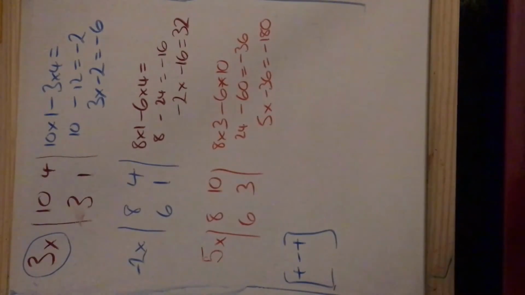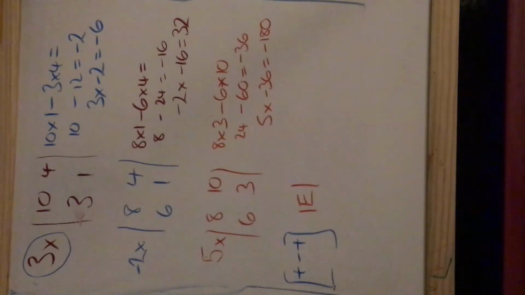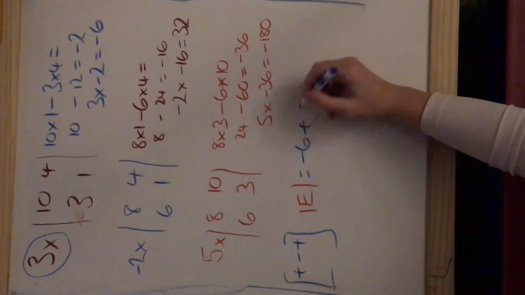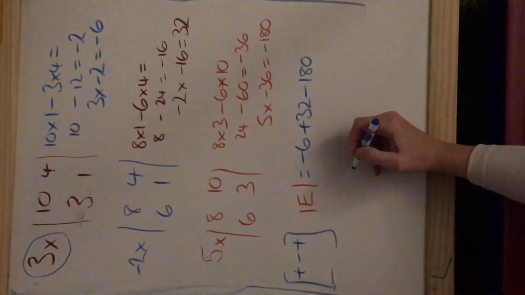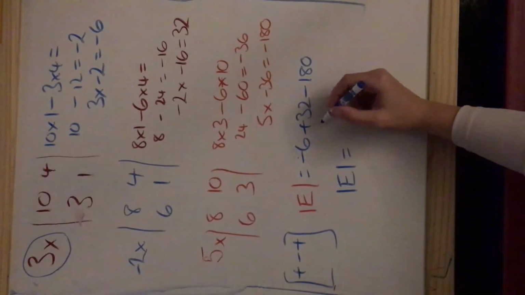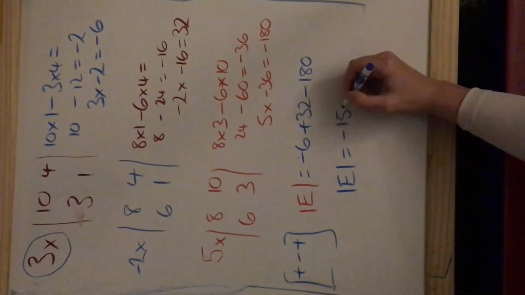And then what we do here to get our determinant of E is we just add them all together. So minus 6 plus 32 minus 180. So our determinant of E equals minus 154.